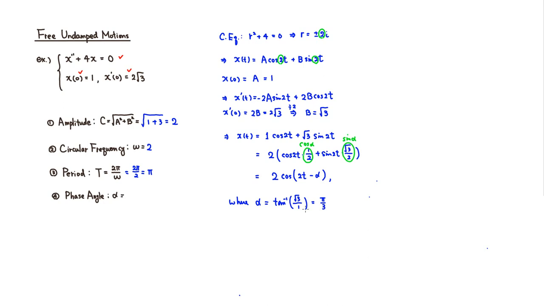So what we get is x of t can be written as 2 cosine of 2t minus pi over 3. So the phase angle came out to be pi over 3. So that's the solution of the given initial value problem. All right, that's it. I hope that this was clear.